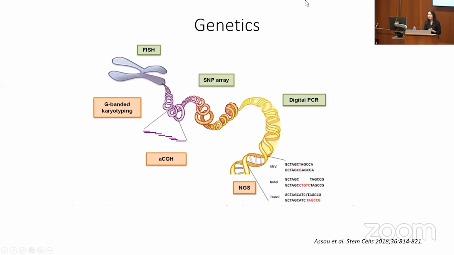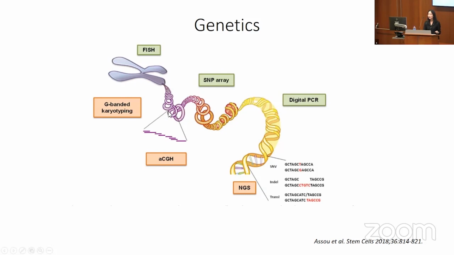So genetics is complex in terms of its testing, because you've got, here's a chromosome, and we've got 46 of these. Chromosomal abnormalities at large levels, so translocations, rearrangements, large deletions, and additions, are assessed by karyotyping.